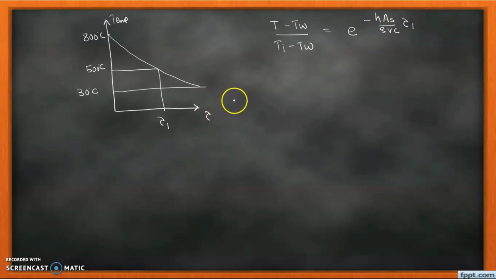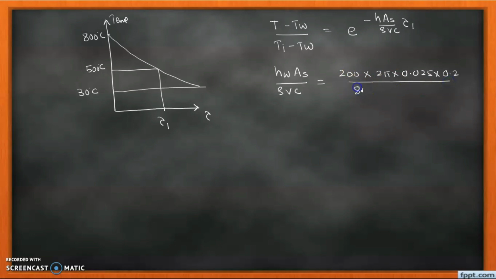So now we calculate the quantity h_w As divided by rho Vc, because it is water. We put down the value of h_w, that is 200. The surface area, we know that it is 2 pi r into L. So 2 pi, the r is 0.025 meter, into the length 0.2, divided by the density, which is 800.